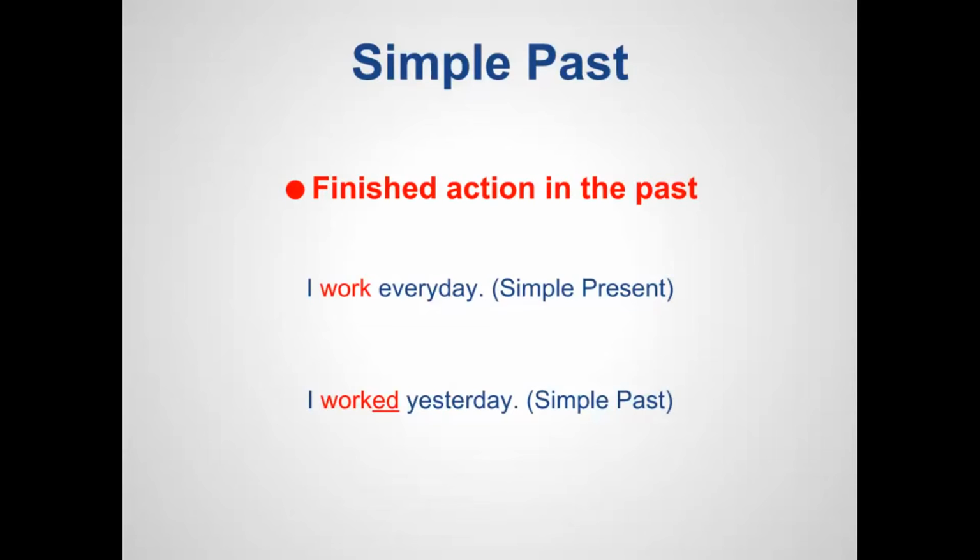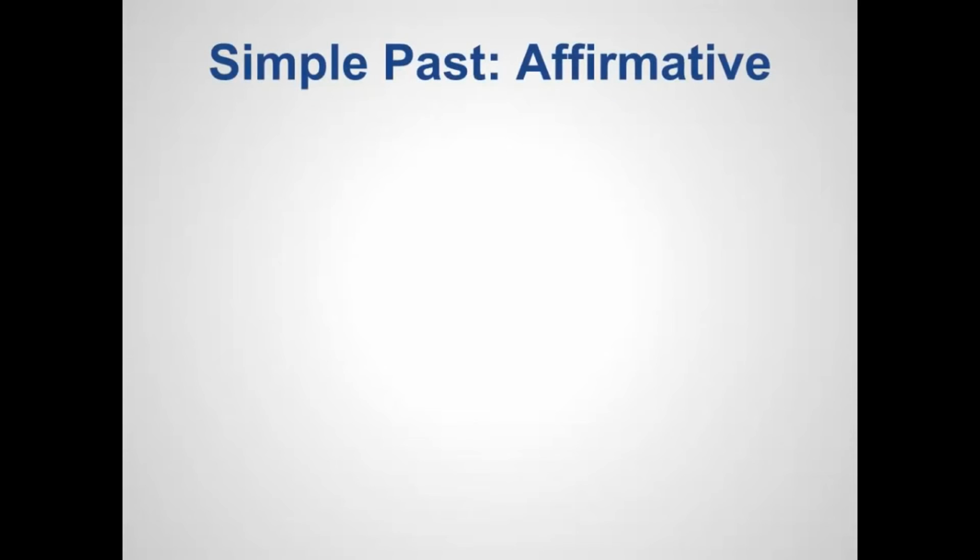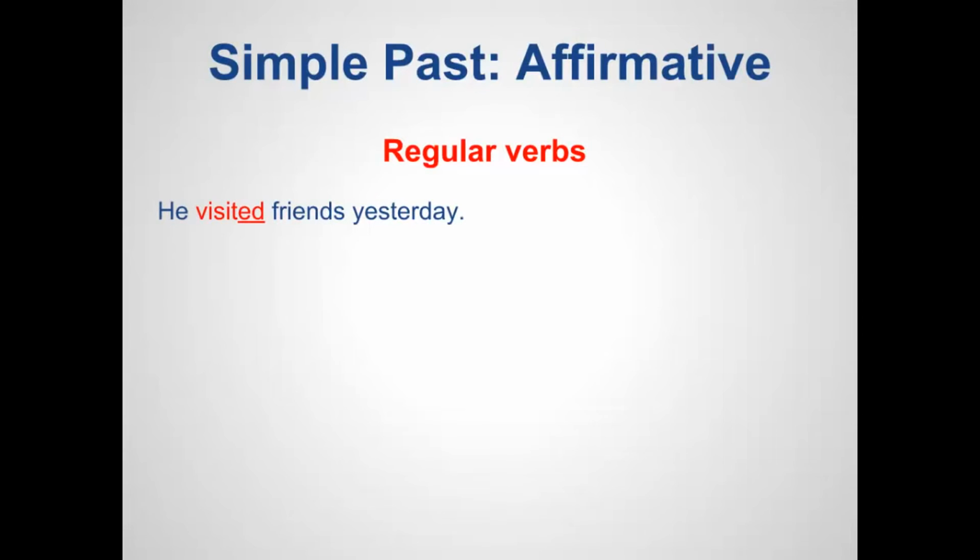Let's see some other examples of the simple past in the affirmative for regular verbs. The first example is about my brother. He visited his friends yesterday. So the verb visit, visited.